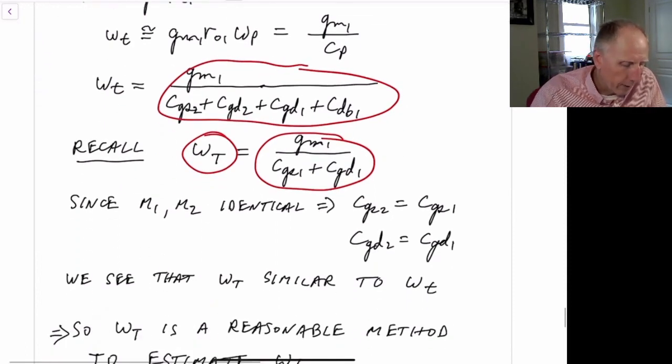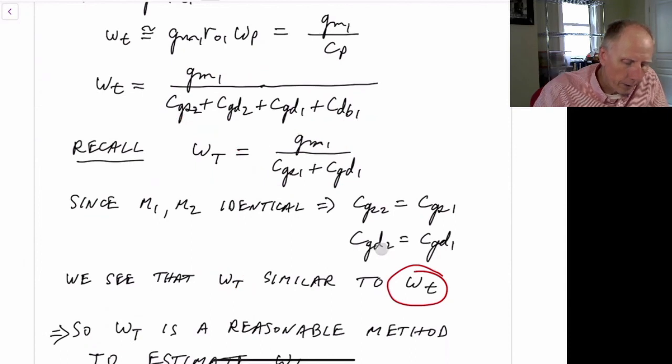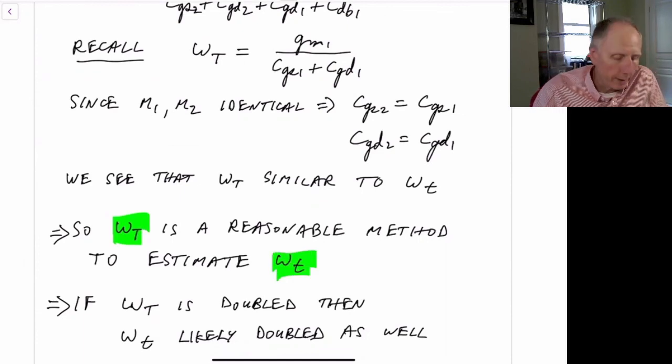So they're very, very similar, and we see that omega capital T, the unity gain frequency for the current gain of a single transistor, is very similar to that for this particular circuit, for the voltage gain from the input stage to the output of the first stage. So we see that omega T is a pretty reasonable estimate of omega t in this particular circuit.